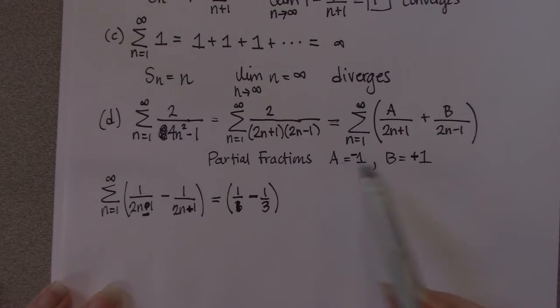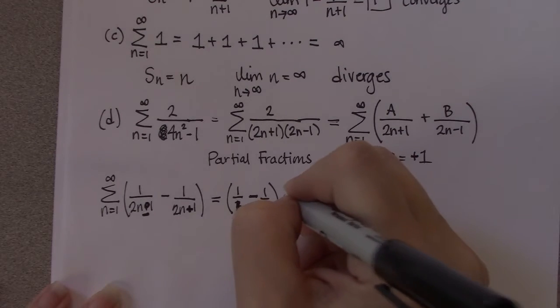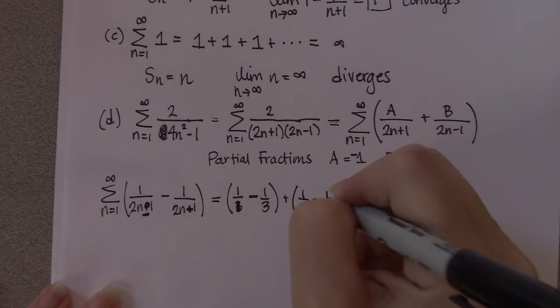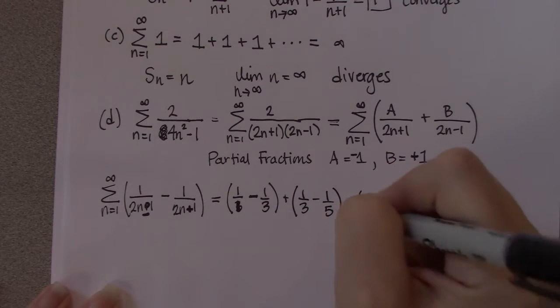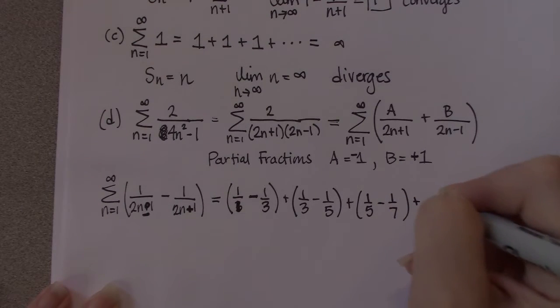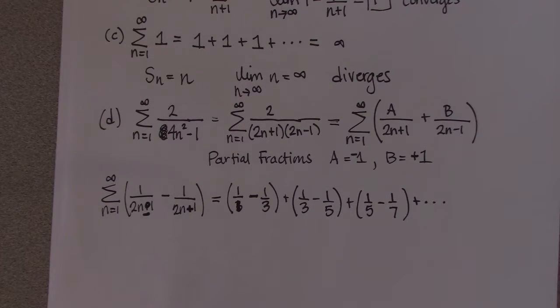So a should be negative 1, b should be positive 1. And so now when I list out the terms, I get this guy.